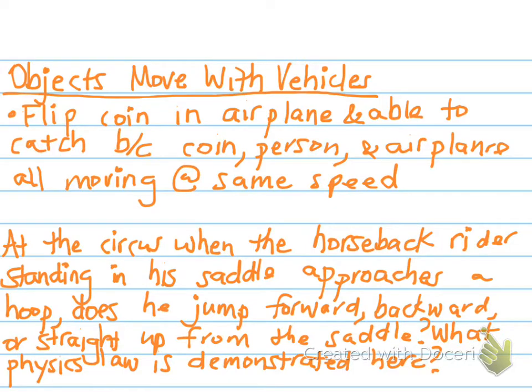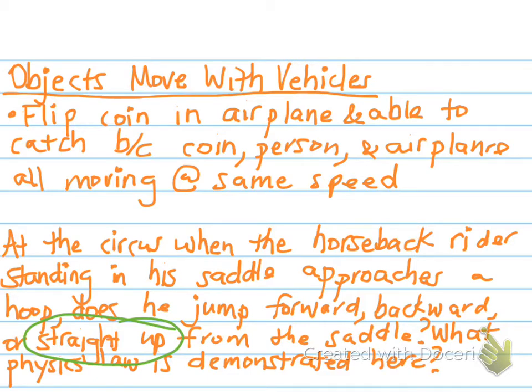Hopefully you said straight up. Why? Because the horse and the rider are both in motion. They have inertia. And an object in motion is going to stay in motion. So although that rider jumps straight up, they were already traveling forward at the same speed as the horse.